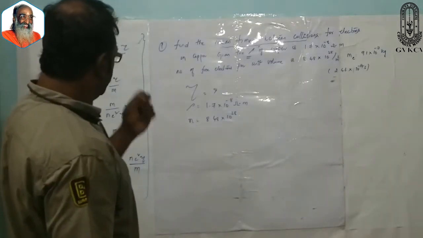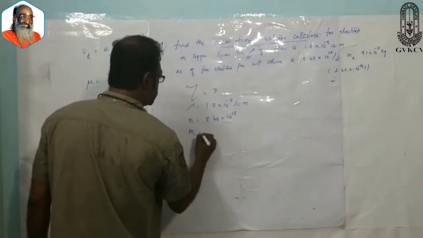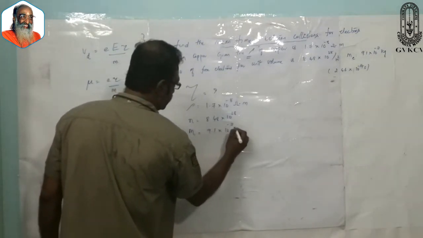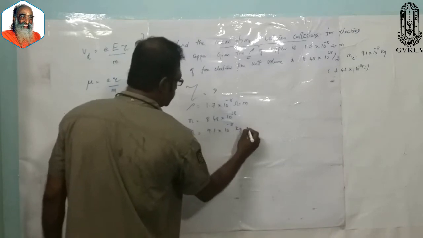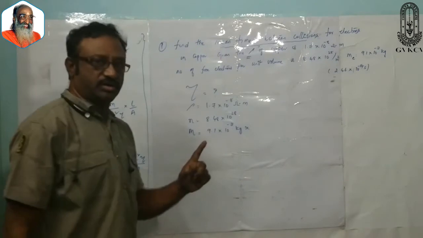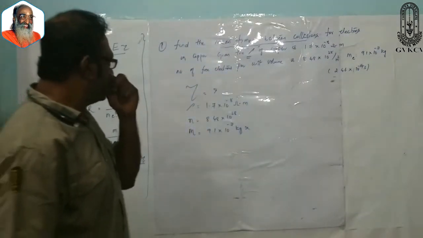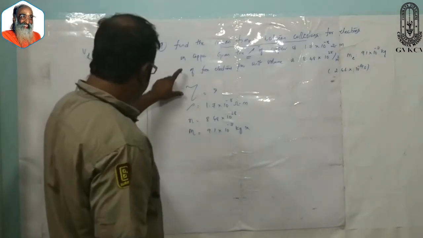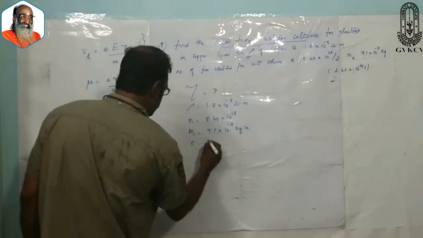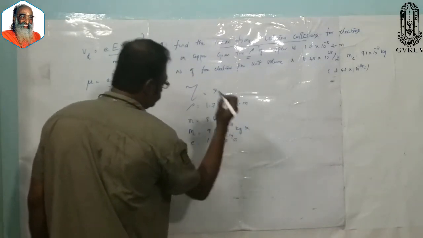The mass of the electron is also given: 9.1 into 10 power minus 31 kg. Sometimes this will not be given and you have to remember it. Charge of the electron and mass of the electron, you have to remember them. And we know that e is 1.6 into 10 power minus 19 coulomb.